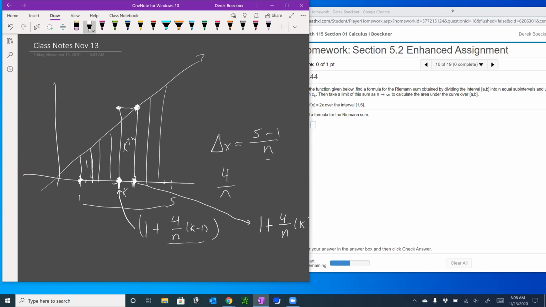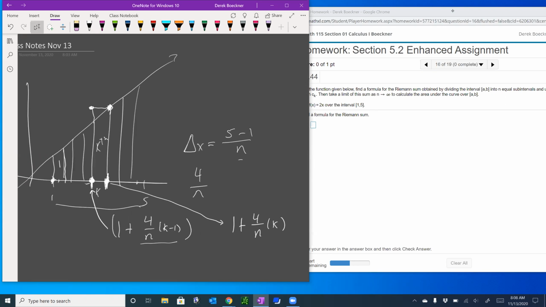No, that's not the reason. No. It's because that is the actual values of these points. I'm going to use the right-hand one, but I didn't make it a k over there because that's the one I was going to use. I made it a k over there because that's what it actually is. So there's 4 over n in here, 4 over n in here. So on the second rectangle, to get to this side of it, you go through the second rectangle.